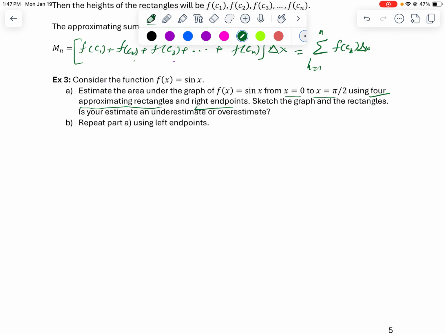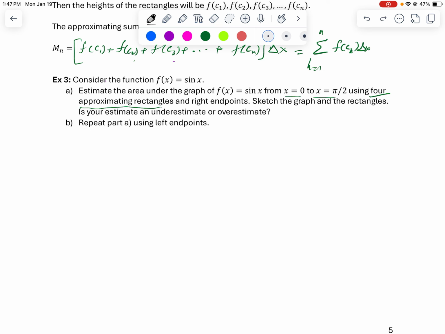And then right endpoints, we know how to find the endpoints, and when we write our sum, depending on whether we are finding the right sum or the left sum, accordingly we will choose the values we will pick from there. So let's start.